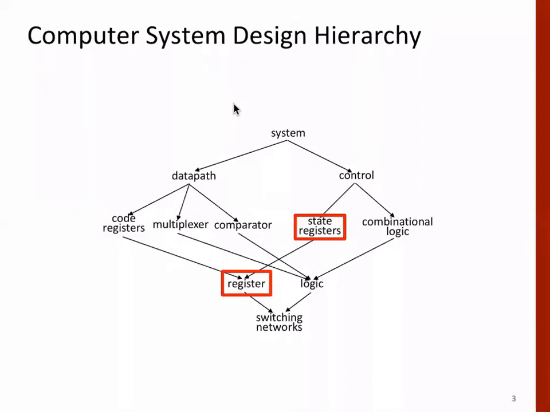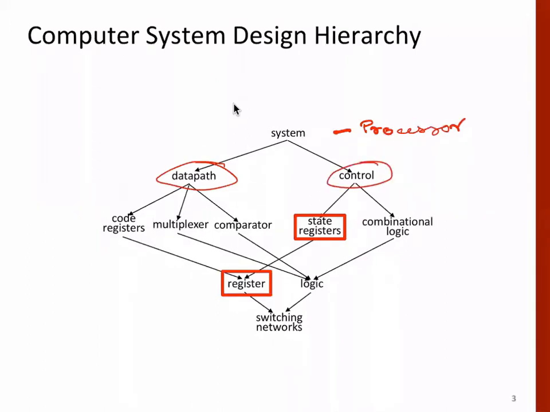So basically, when we have to design a system, in general a processor, we will have to look at two parts. First is the data path design, where the data actually moves, from memory to registers to the CPU or ALU and so on. And the second part is control.